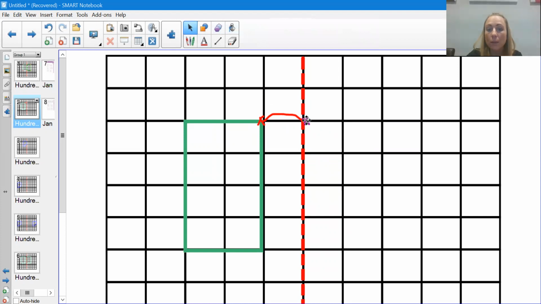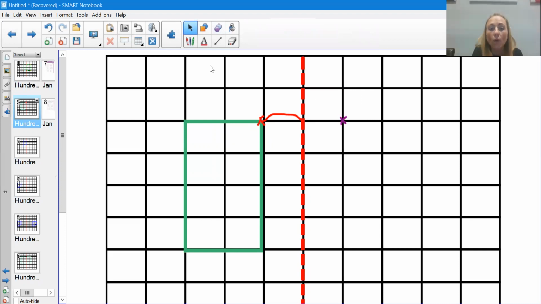Another mistake that people might make is that they will not look very carefully, and they might start drawing it up here. It's 1 away, but that point is not where it should be. It's not reflected. It needs to be drawn from here.